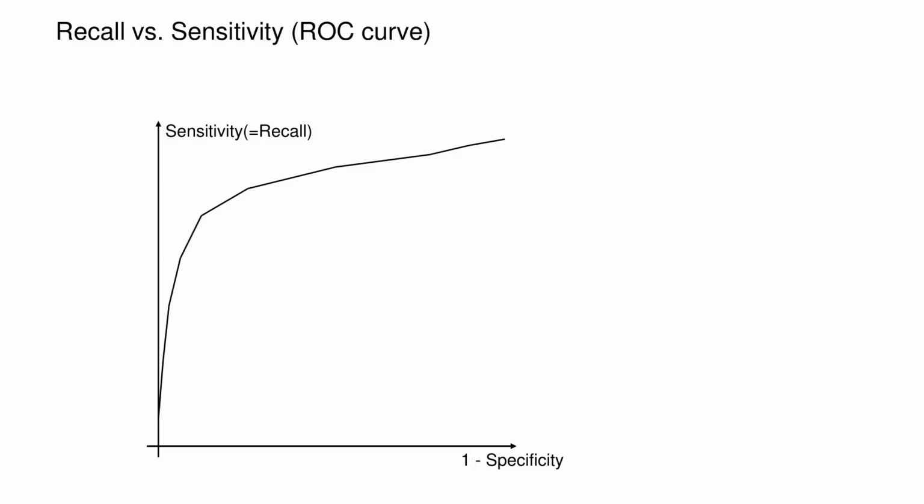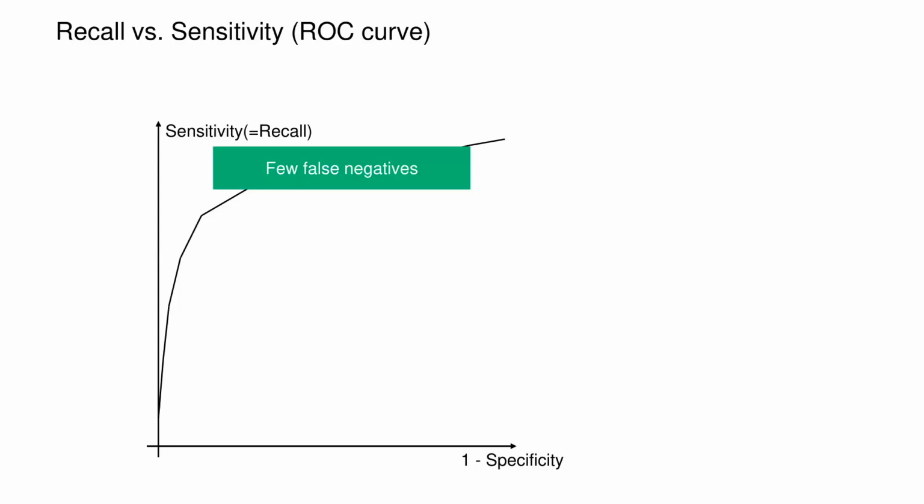That's the number of true positives divided by relevant documents. The specificity is the same thing, but on the right. It's your ability to correctly identify non-relevant documents, right? So that would be the number of true negatives divided by the total number of non-relevant documents. But here we do one minus just to get the mirror of the curve.